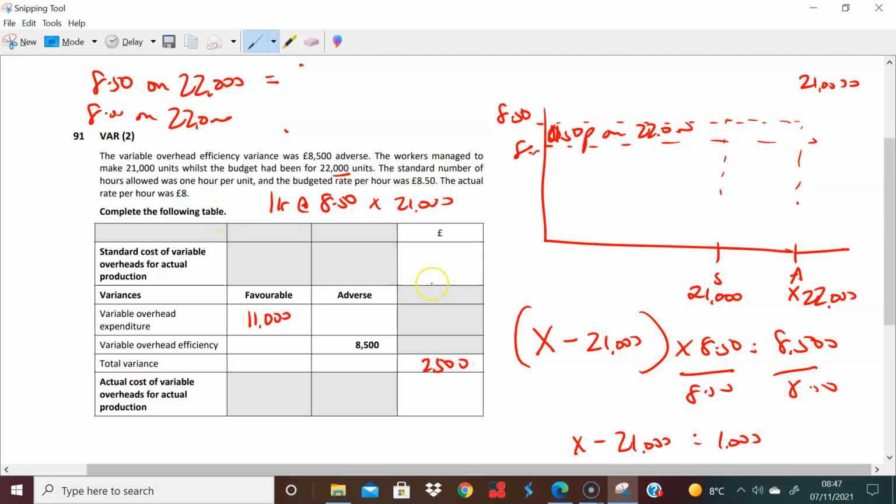So let's find what that total cost is. 1 times 8 times 21,000 is 168,000. But what you actually did was £8 times 22,000 hours.